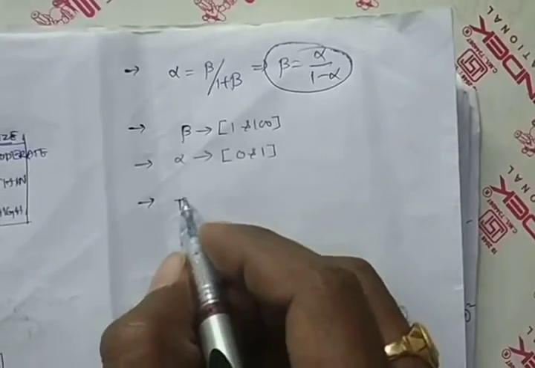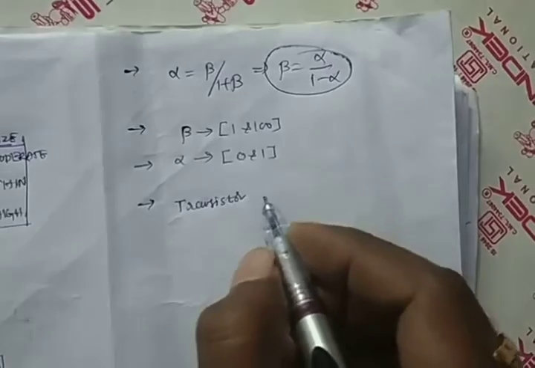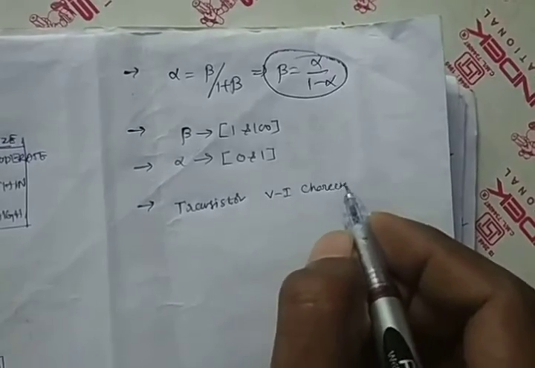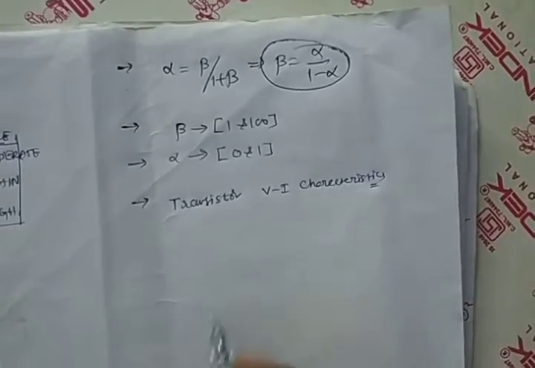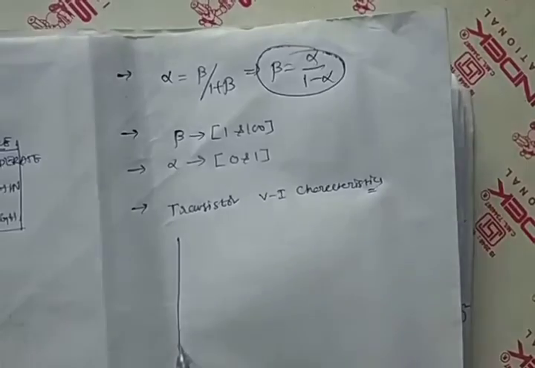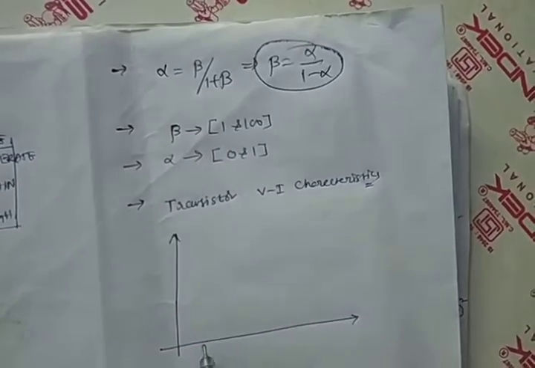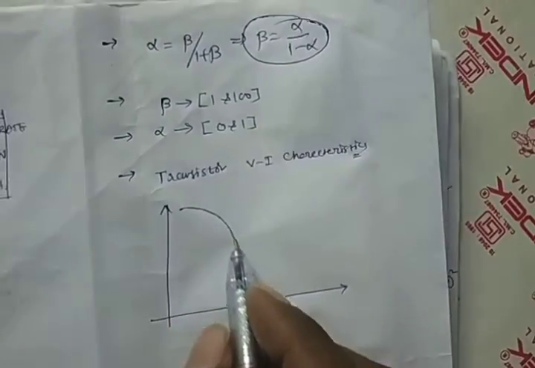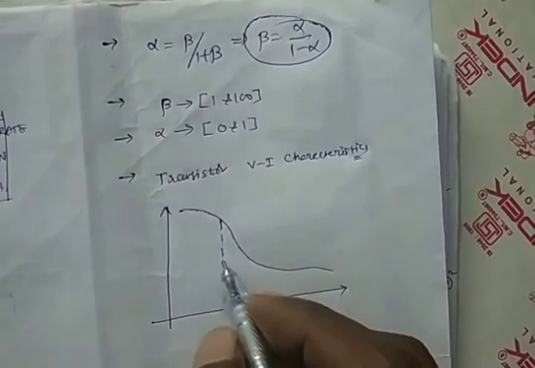So this transistor VI characteristics graph is represented like this.